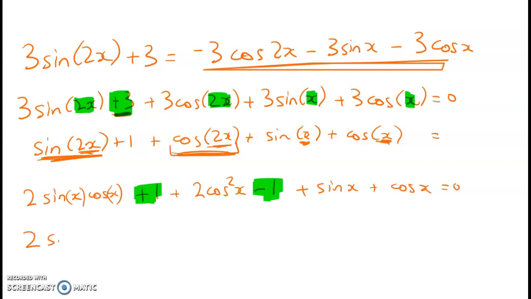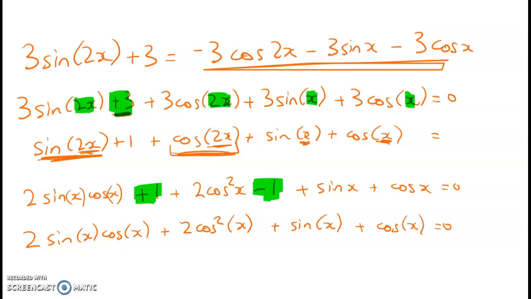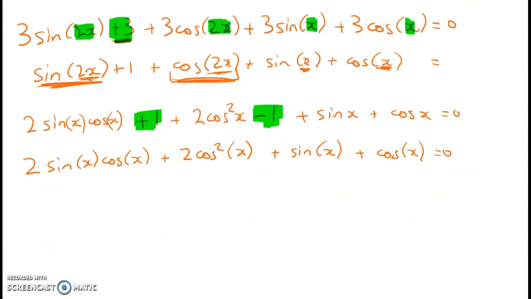Now cleaning that up gives me 2 sine x cos x plus 2 cos squared of x plus sine x plus cos x equals 0. Now that doesn't look great until you remember from level 2 algebra that really cool technique called two-stage factorizing.